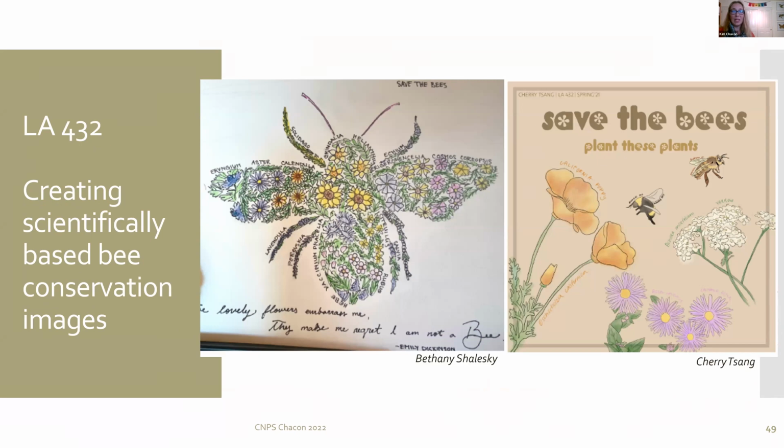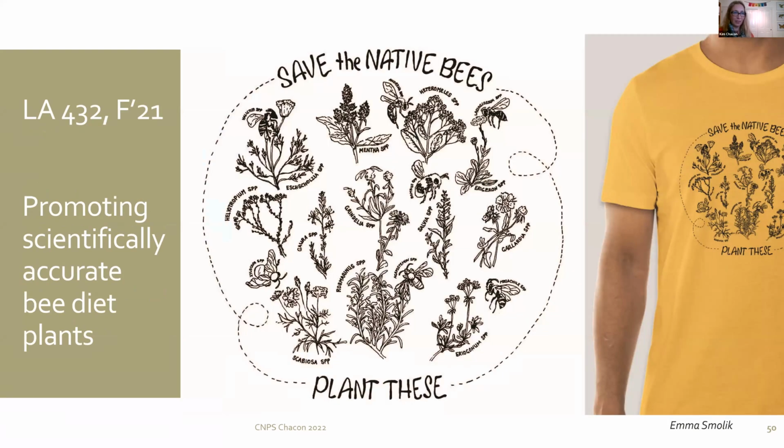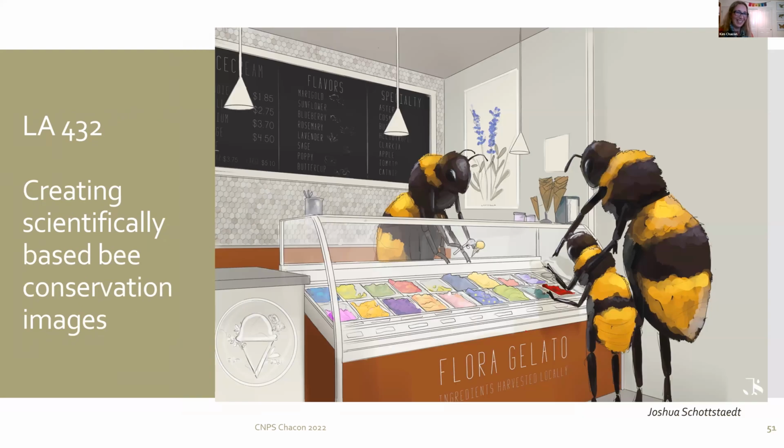I try to be flexible about the media that they use, if they want to do it by hand or on the computer, but I'm making sure that they don't just design for European honeybees, that they broaden their range a bit. This one actually printed off shirts to sell. Awesome. Very accurate, very talented. Okay, this one's great. He's cracked me up with his designs, but these are some bees going to the ice cream store, and they have all the flavors of the favorite plants that they like.